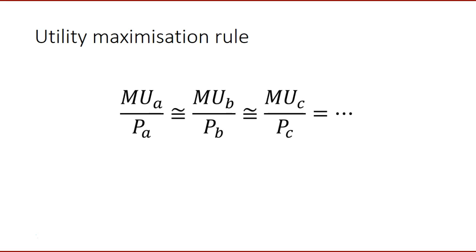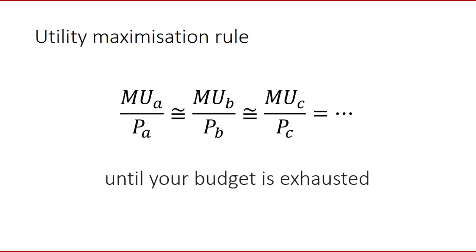And the utility maximization rule is simply saying that a consumer will keep purchasing quantities of goods, A, B, C, however many there are, up to the point where the marginal utility per dollar, or in other words, the marginal utility of the last unit consumed of each relative to the price of each is equal, like we saw back here, until the entire budget is exhausted.